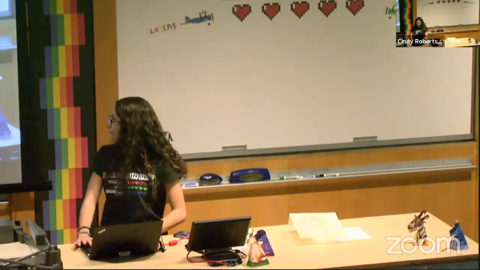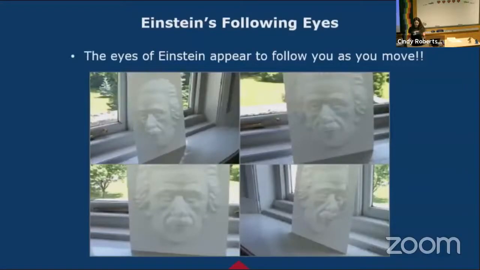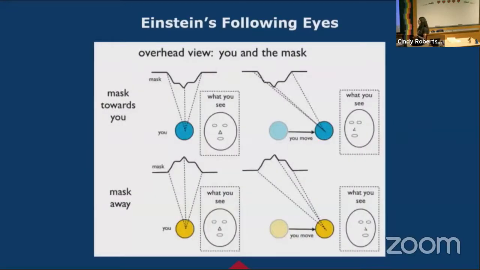Okay, all right. What's also interesting, and I should have shown this right now, is that not only does it appear to protrude out, but if you moved back and forth or side to side, it would look like his eyes are following you. The reason for that can be explained with this slide. The top left image is, say, a mask, like a regular face that's protruding out towards you.